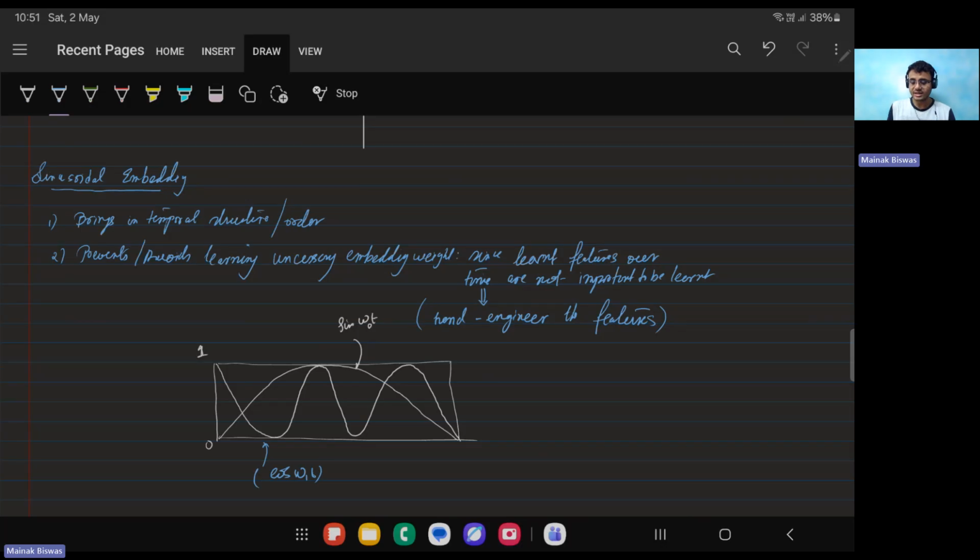I would like you to keep this figure in mind. You sample at say t equal to 1, and you get these two features from both this cos function and this sine function. Then at t equal to 2, you get this and this feature. So you'll get a set of unique combinations which will represent the data. You'll have order in the data, and you'll also not have to learn it.